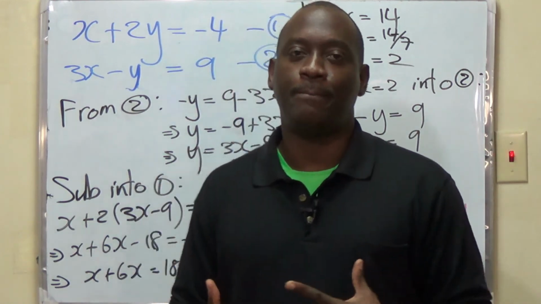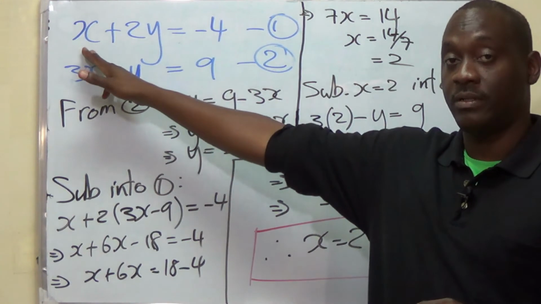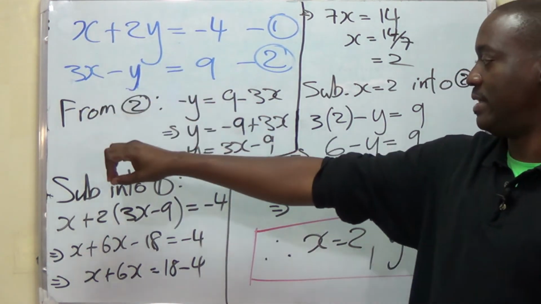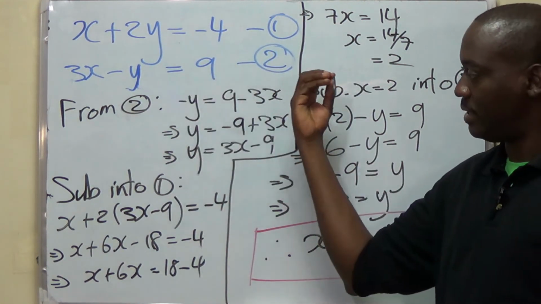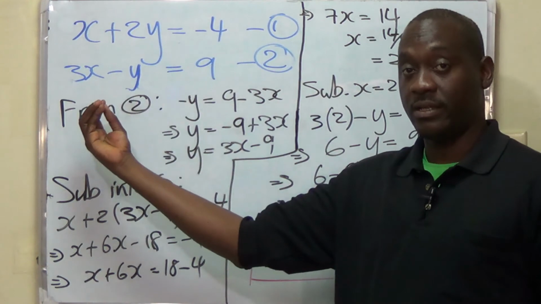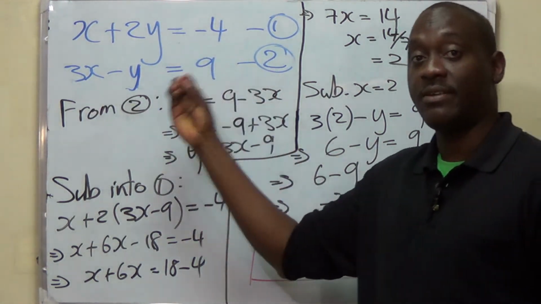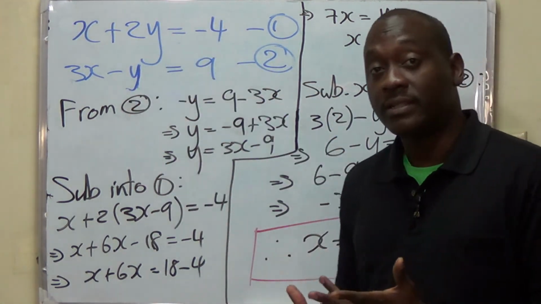Alright? So, just to recap. In video 1, we pivoted on the x variable. We found the value of x and we substituted it into equation 2 to get another equation in terms of y. And then having found the value of y, we substituted that value back into either of these 2 equations to get the value of x.